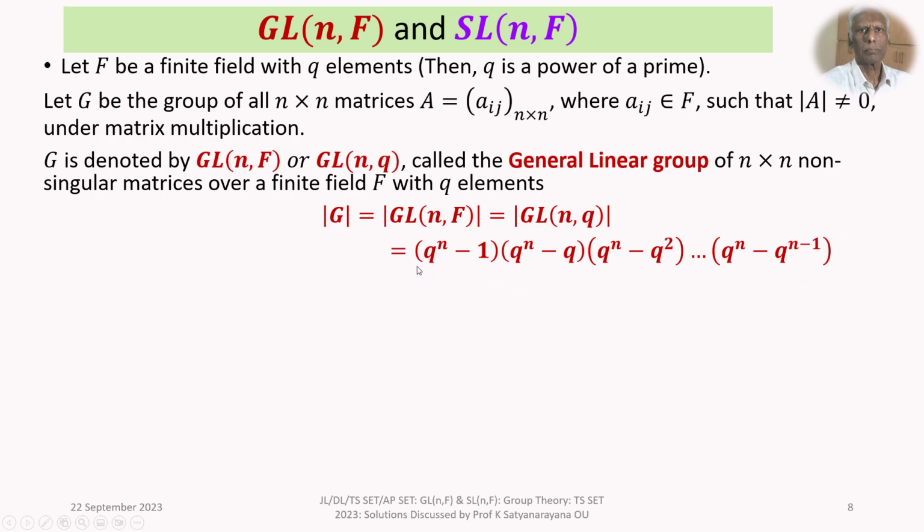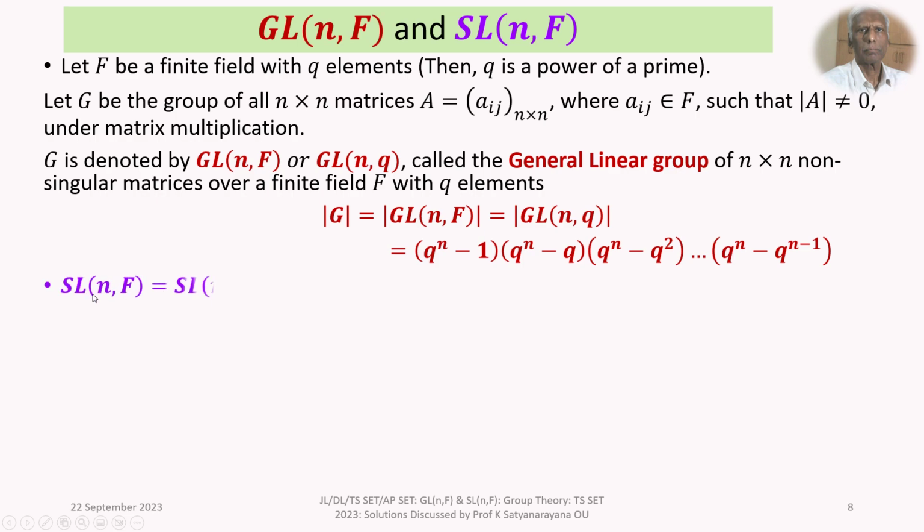So the order of GLNF equals the order of GLNQ, which is (Q^n - 1)(Q^n - Q)(Q^n - Q^2) ... (Q^n - Q^(n-1)).